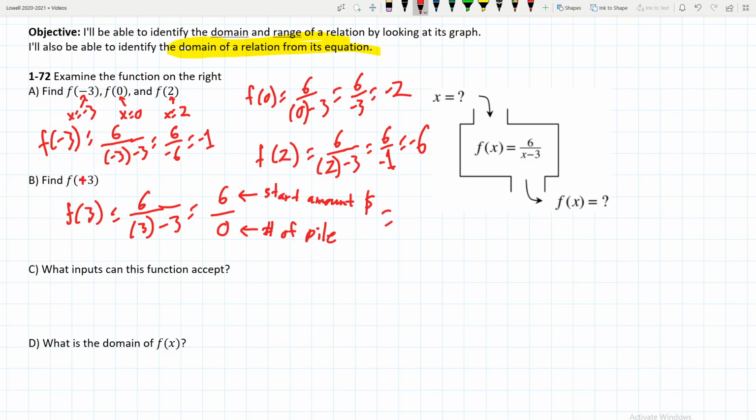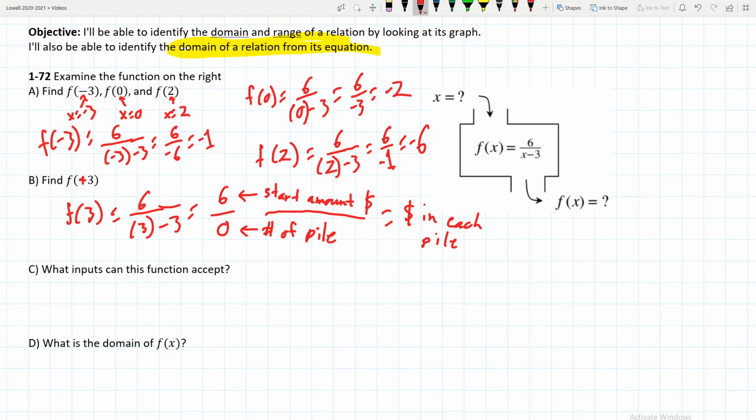The answer is the amount of money in each pile. And so the question is, if you start off with $6 and you're splitting it evenly among 0 piles, how much money is in each pile? But if there is no pile in the first place, you couldn't even answer the question because it just doesn't work out, right?